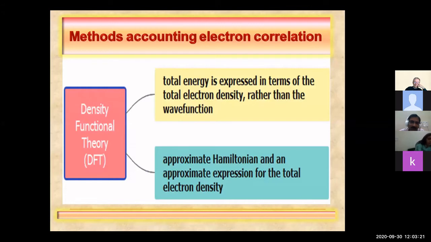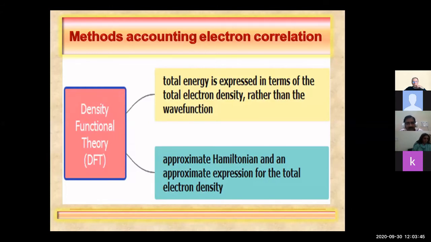So in this type of calculation, there is an approximate Hamiltonian based on the estimation of the electron density, and an approximate expression for the total electron density as well. It has been observed that DFT calculations give reasonably very good results at a computational cost nearing the conventional Hartree-Fock calculations.